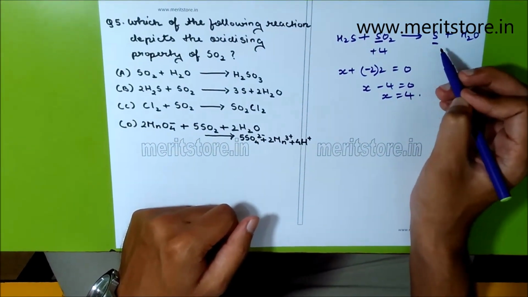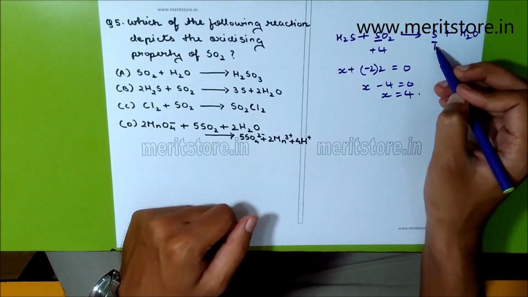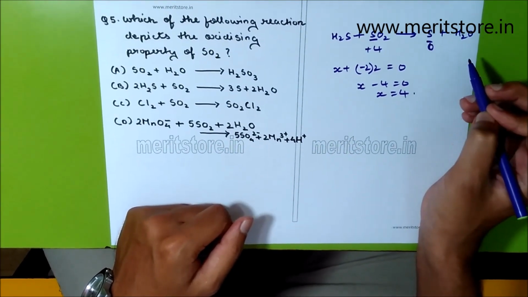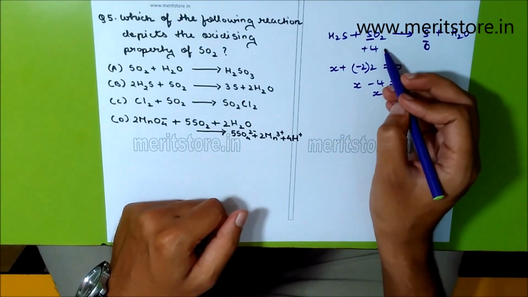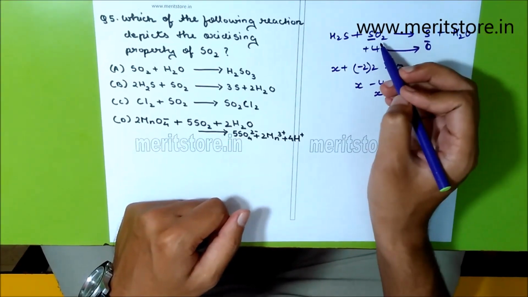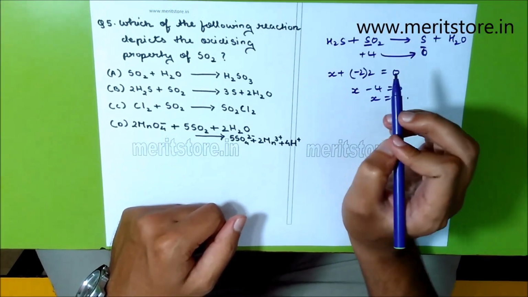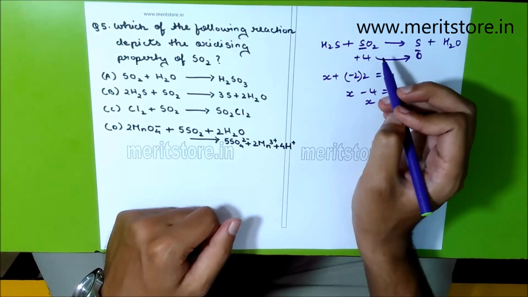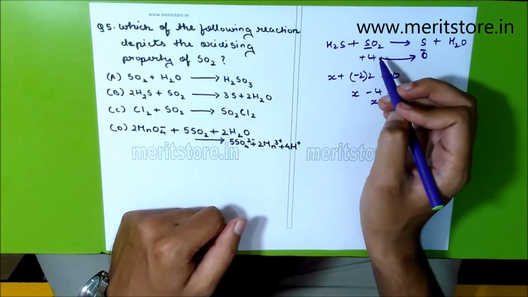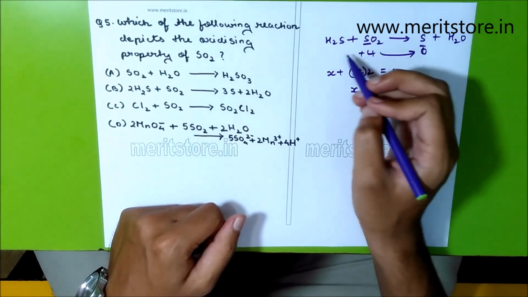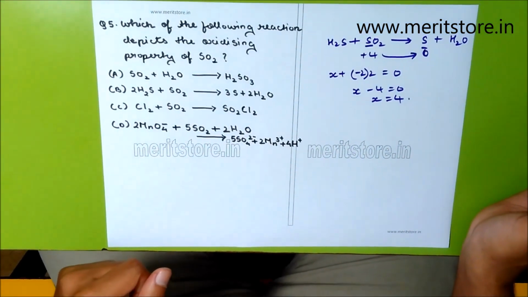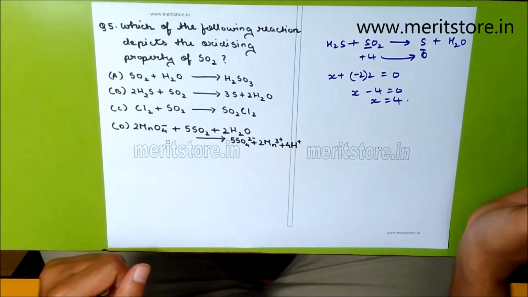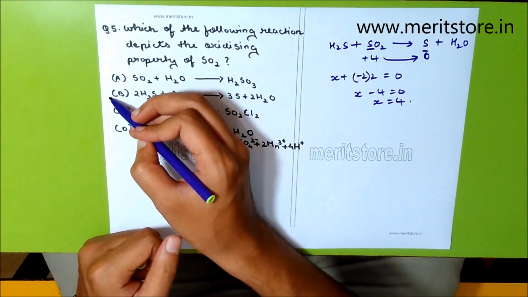And here sulfur is elemental sulfur, so its oxidation number is 0. So the oxidation number has been reduced from plus 4 to 0. So sulfur has been reduced. So SO2 is an oxidizing agent. An oxidizing agent is the one which has the property to oxidize the other substance and reduce itself. So the reaction depicting the oxidizing property of SO2 is option D.